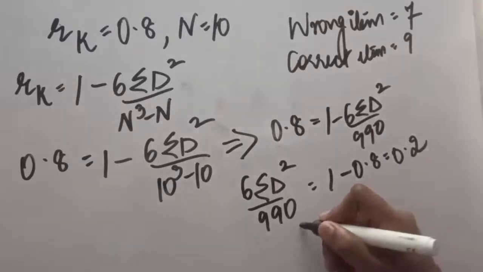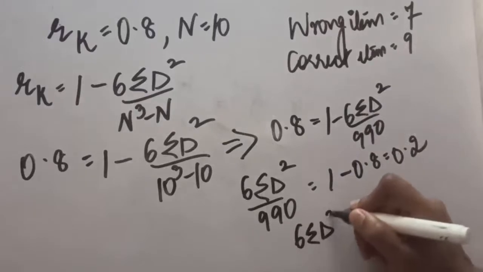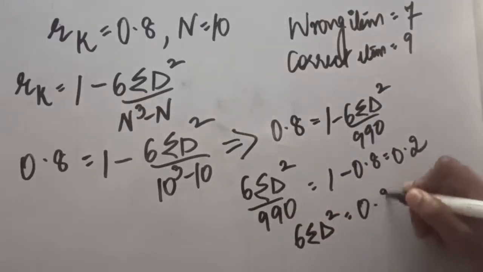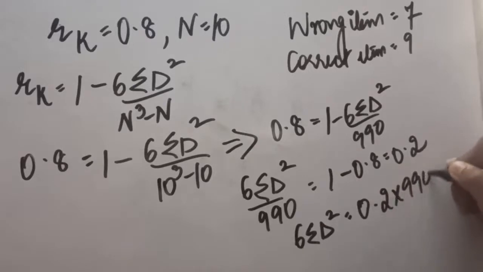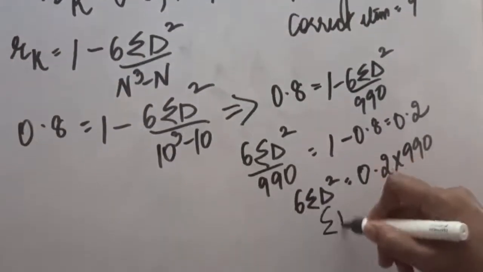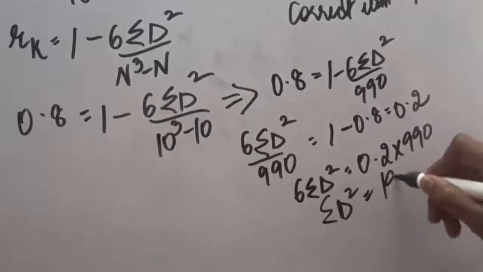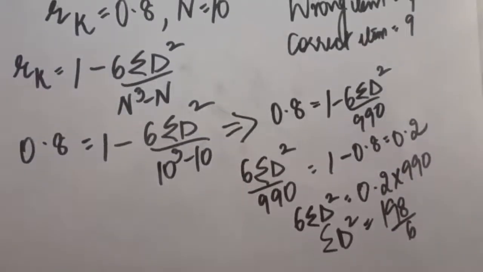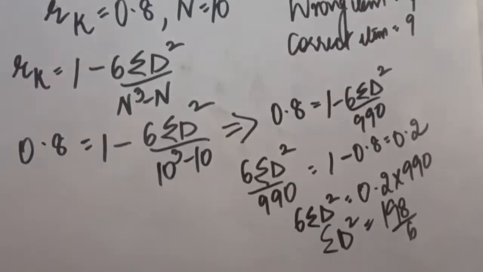After that I can say sigma d square, this 990 will go to the other side, so it will be 0.2 into 990. 0.2 into 990 comes out to be 198. So from here it will be 198 divided by 6, which gives you the value 33.